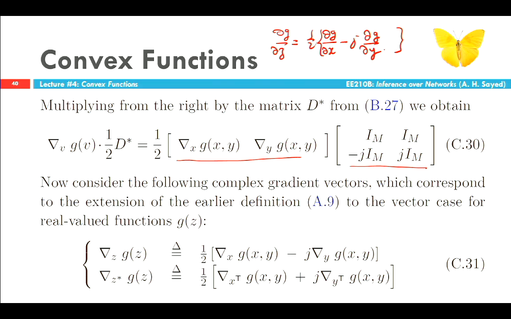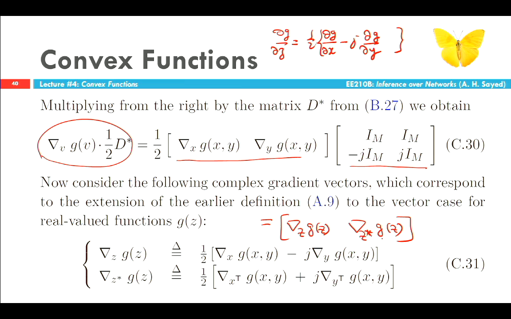You see, this will have the derivatives relative to x minus j, the partial derivatives relative to y, so if you combine them, you will get the gradient relative to z. And likewise for the second column, you will get the gradient relative to z star. So this product here will actually be this row vector, gradient relative to z, and then gradient relative to z star, right?